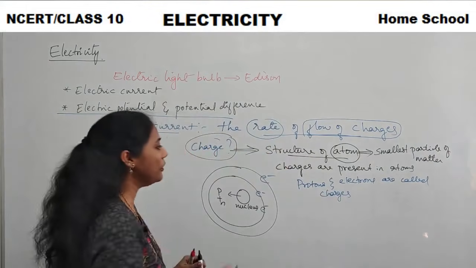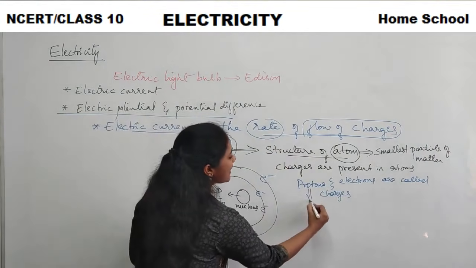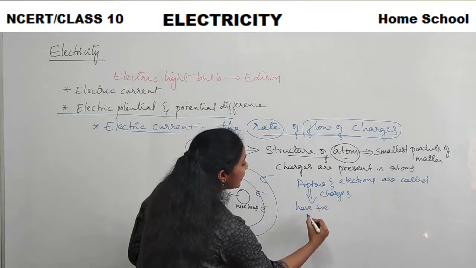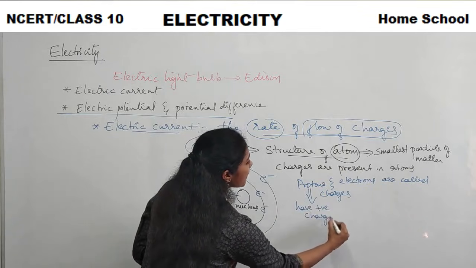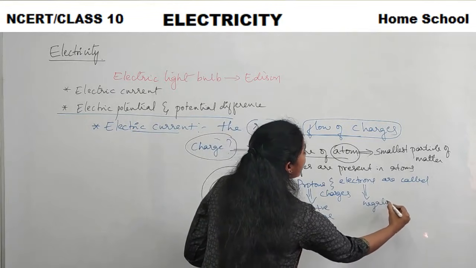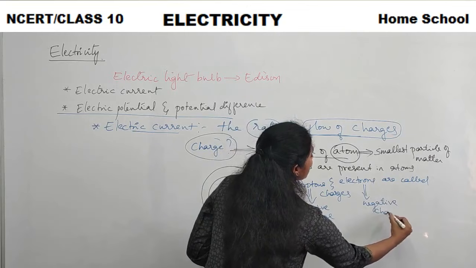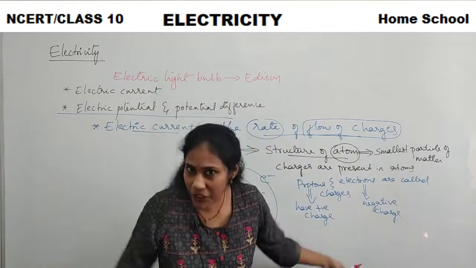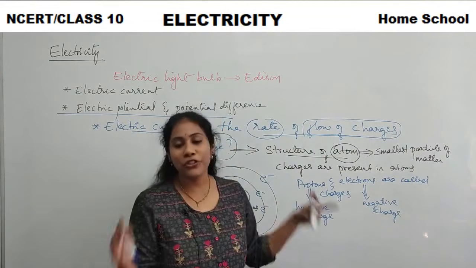Protons have a positive charge and electrons have a negative charge. In general we say electrons are negative charges, protons are positive charges.